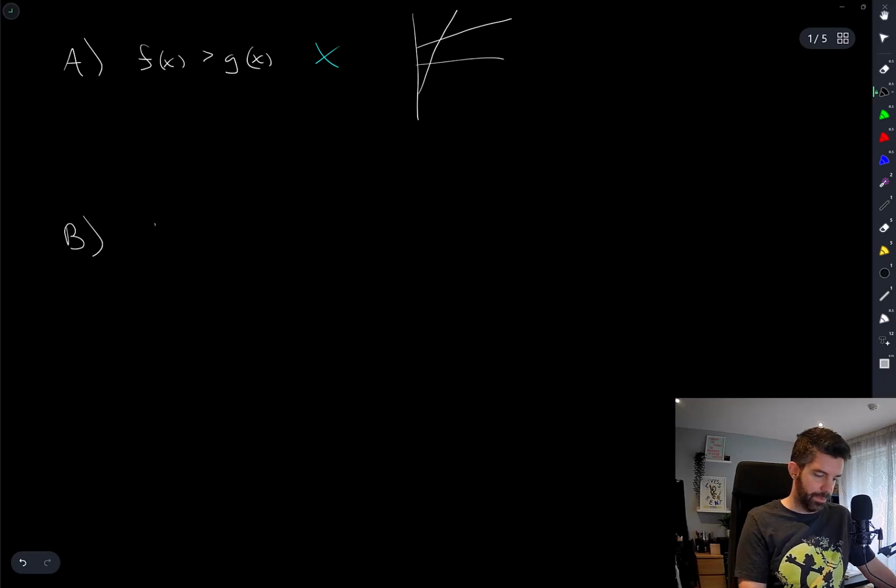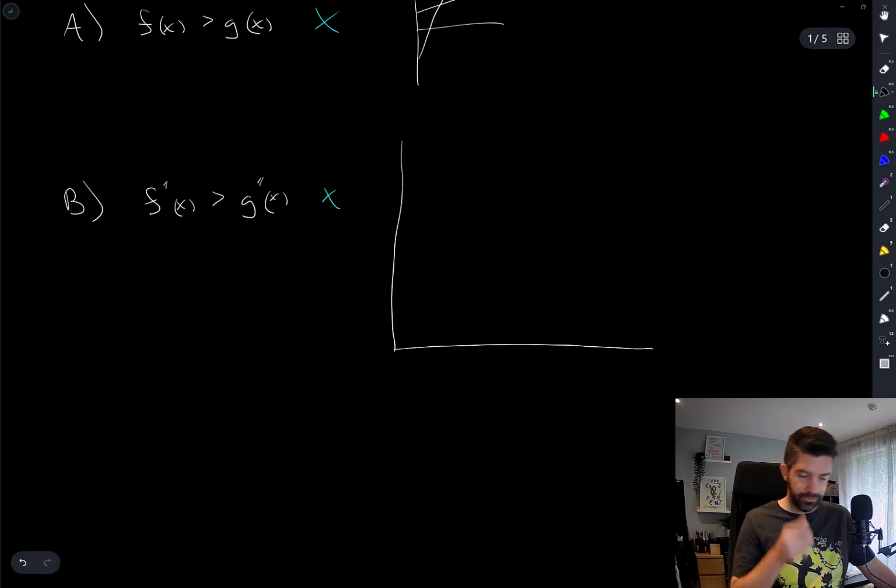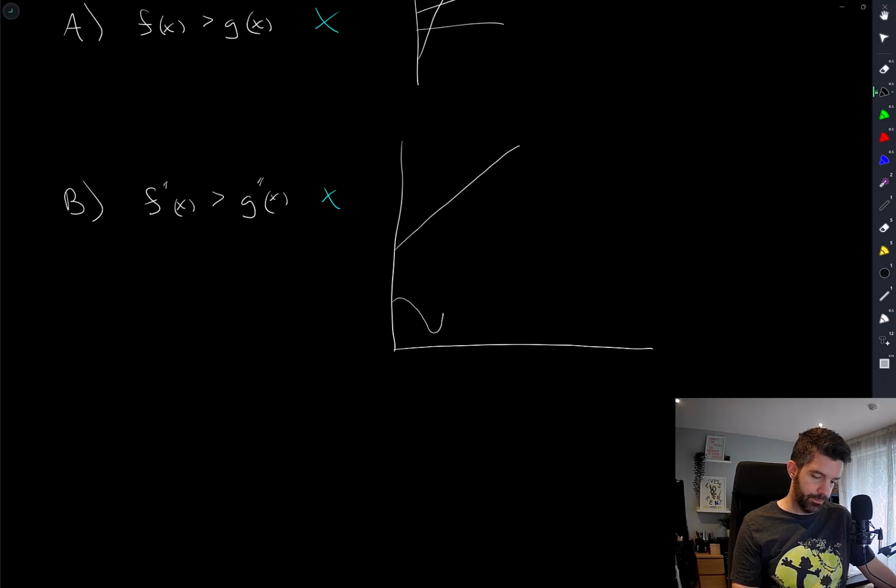B, f double prime of x is greater than g double prime of x. This is also going to be wrong. So f always has to increase more than g. So that's f. And g will just be, let's say that, have a really strong, sharp second derivative there.